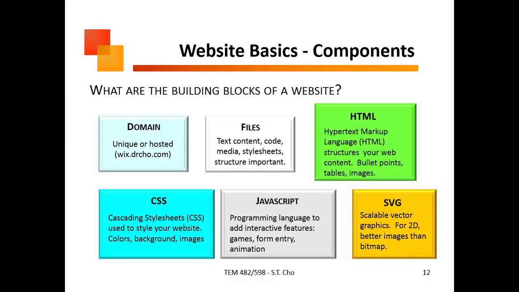And so these are the building blocks that build up your website. And CSS is referred to as cascading style sheets. And these are the colors, the backgrounds, the images, how you arrange it on your website. So as you see, you need to be experienced in different kinds of software in order to build a website.